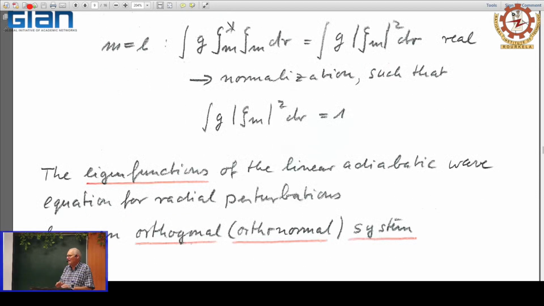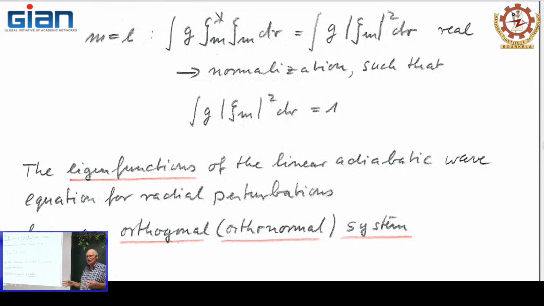This means you can expand any function depending on radius in terms of these eigenfunctions of the adiabatic wave equation.